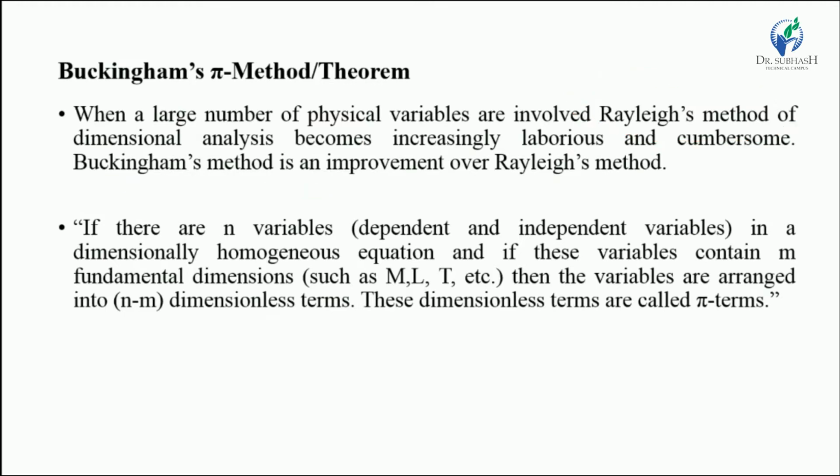Now, the statement of Buckingham's Π method: if there are n variables, dependent or independent, in a dimensionally homogeneous equation, and if these variables contain m fundamental dimensions, fundamental dimensions meaning M, L, T, then the variables are arranged into n minus m dimensionless terms.